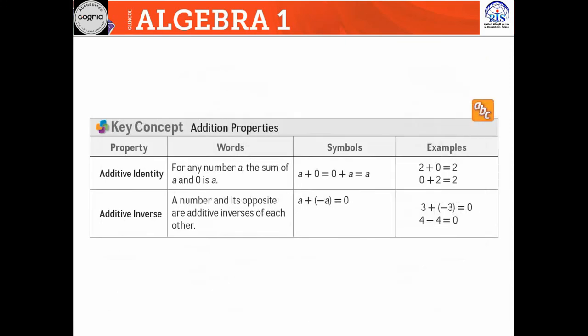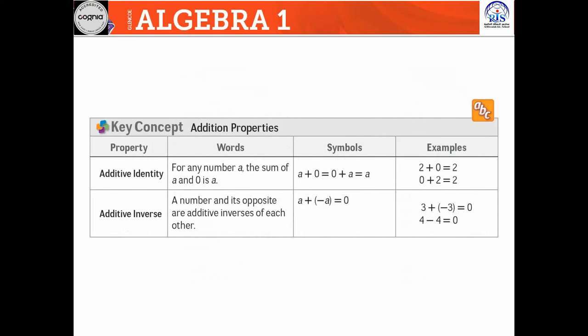Additive identity means that for any number A, the sum of A and 0 is A. In simple words, the additive identity is the number you add to another number or variable and it stays the same. It is 0. Only 0.